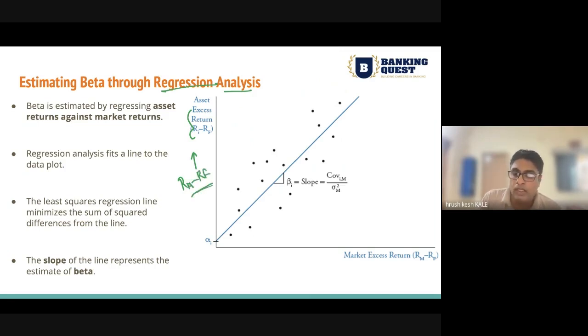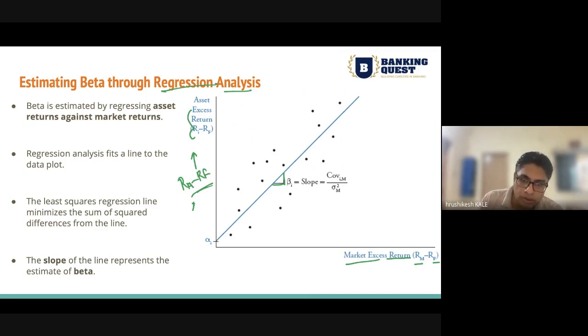This is the asset's excess return, and here you have market excess return, meaning return of the market minus risk free, and the slope of that line is beta. Please understand, beta is nothing but the slope if you plot the excess return of your asset.